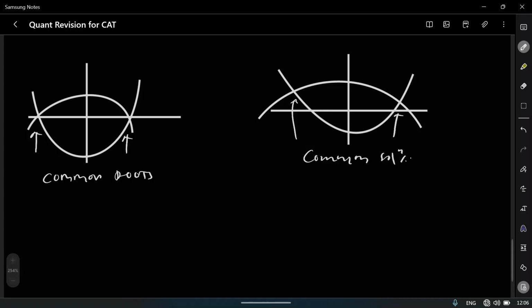The difference between them is, if they give two equations, first you have to equate those two equations and find the values of x at which the final equation is solved. After solving that, substitute that value of x in both the equations. If both the equations cut the x-axis at that point, that means they are common roots. If they are not cutting the x-axis at that point, that means they are common solutions only. They are not common roots.